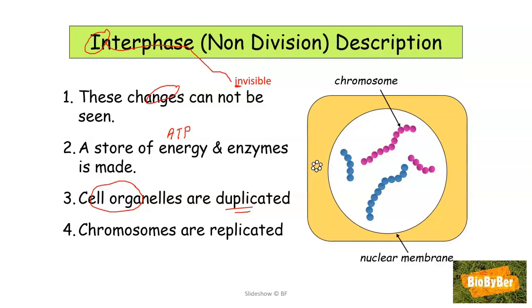In the same way, the chromosomes are replicated or photocopied. We use the word replicated when we are talking about copying the chromosomes because it indicates that we are making an exact copy, whereas we use the word duplicated when we talk about the cell organelles.